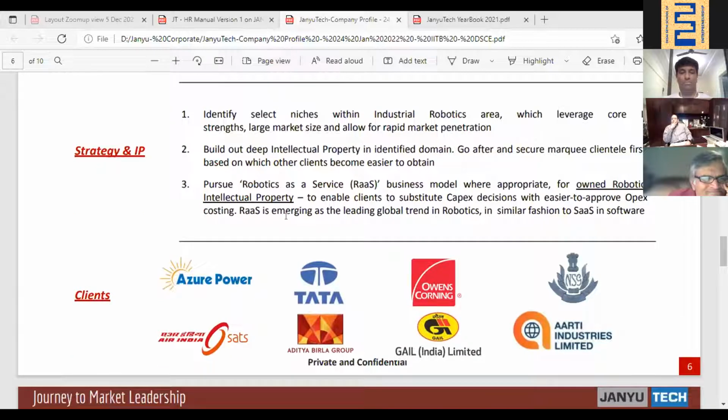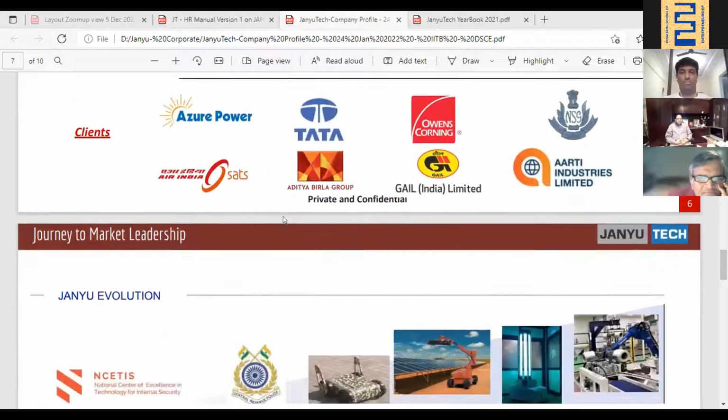And we are introducing robots as a service, which changes the model from capex to opex for the customer, with robotic operators and the service and maintenance activities done by our skilled people. So it becomes easier for industry to adopt. This is broadly where we are.